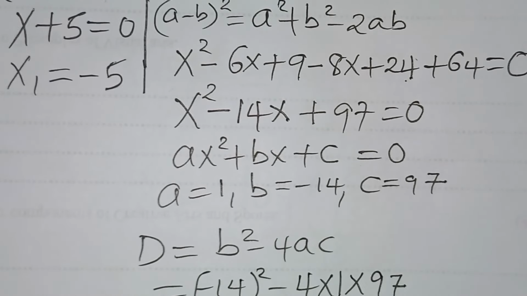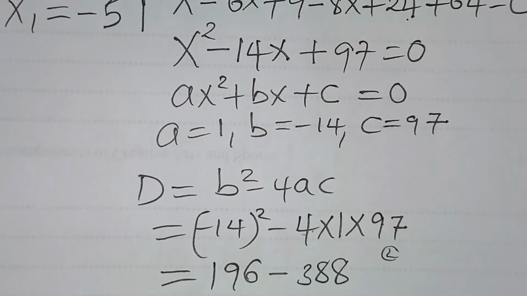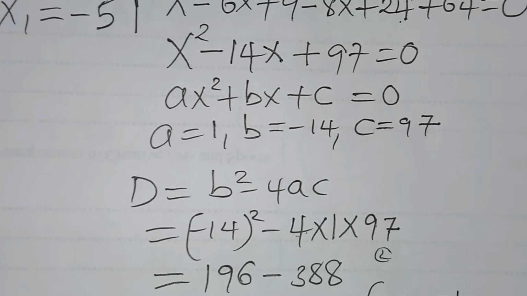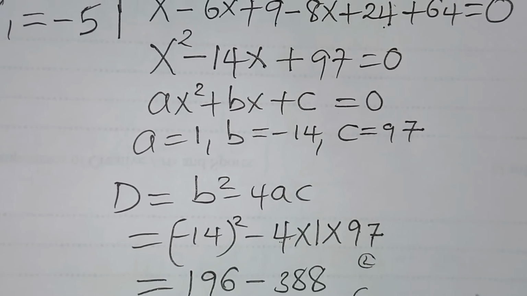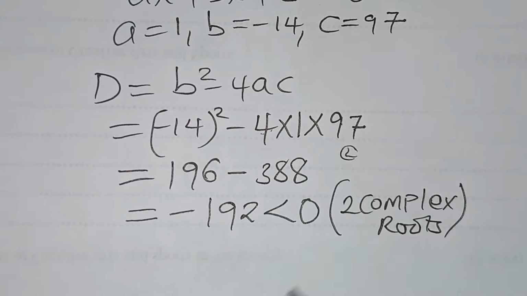So (−14)² is 196, subtract 97 times 4, which is 388. So we have 196 − 388, this is −192, which is less than 0. This means that we have two complex roots here.